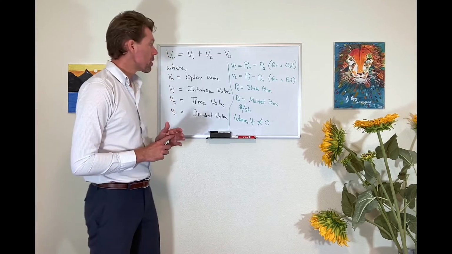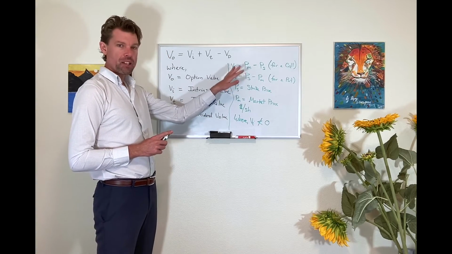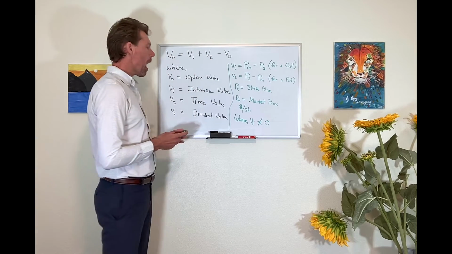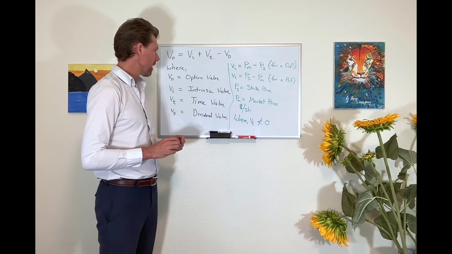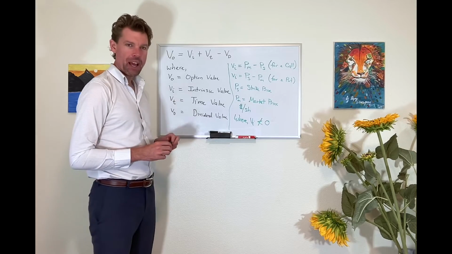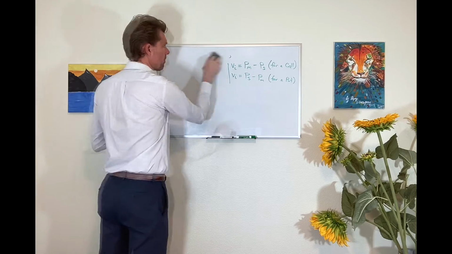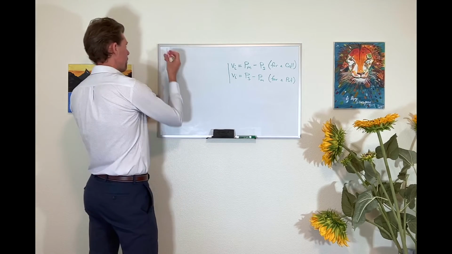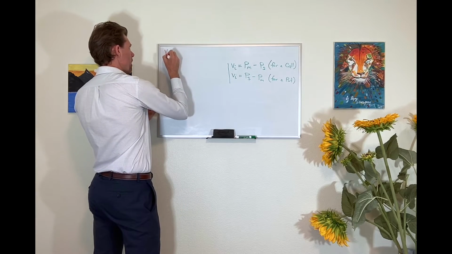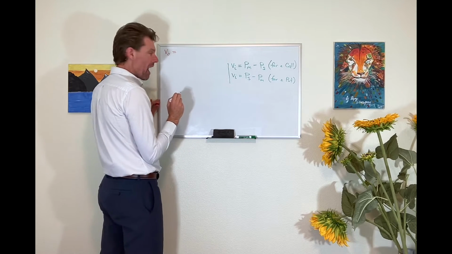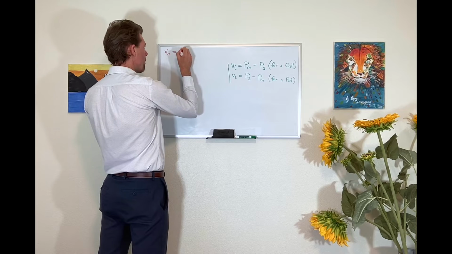Okay, so substituting these parts here into our main equation, which is the option value formula, let's go ahead and do that. V naught equals, so we're going to substitute VI into the formula for a call.